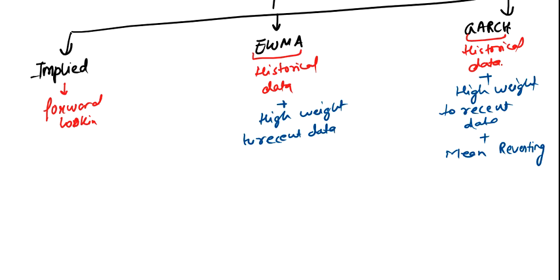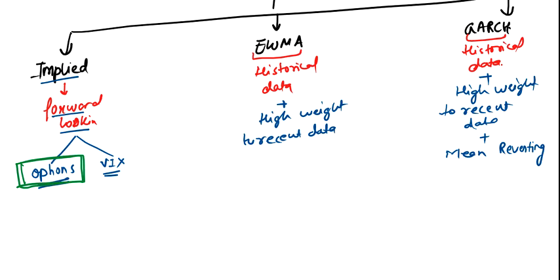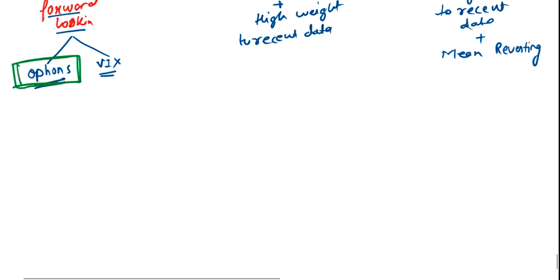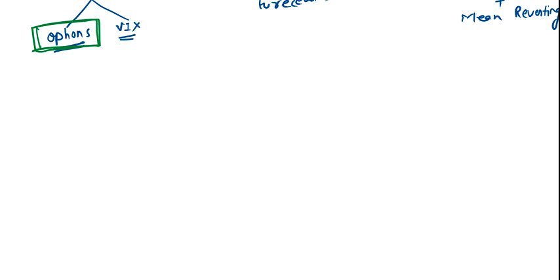Now how we actually work with implied volatility: there are options which are trading in the market. Along with that, there is a VIX index which is also trading in the market. Your option is trading live in the market, and if you can find the value from that particular option, that will be more accurate, because it is telling you something about the present which is really going on, as well as something about the future.